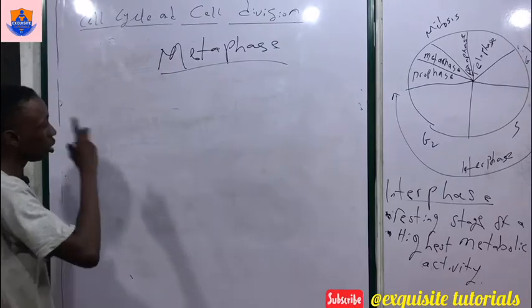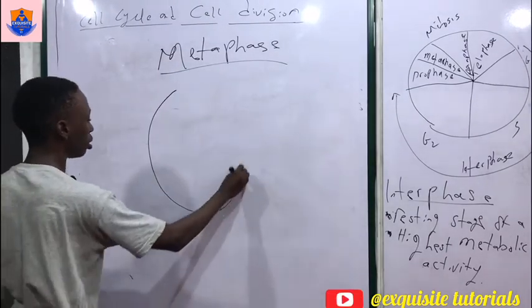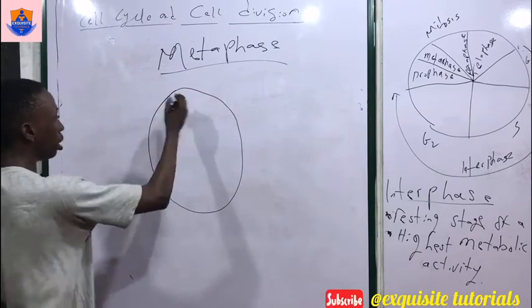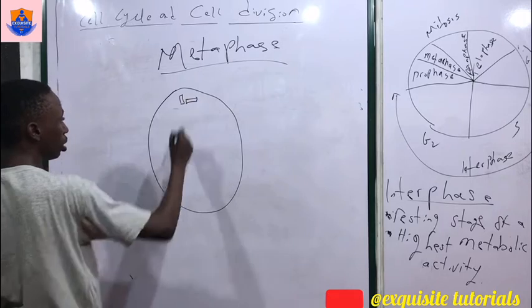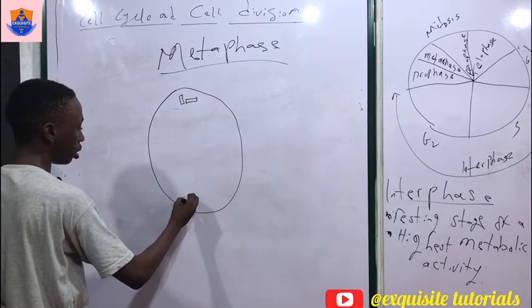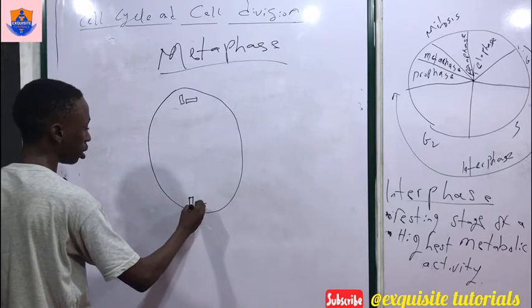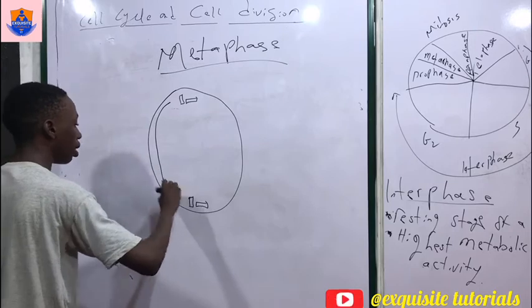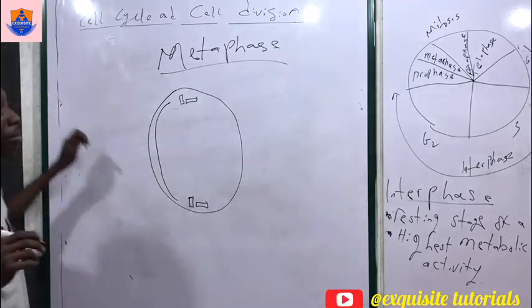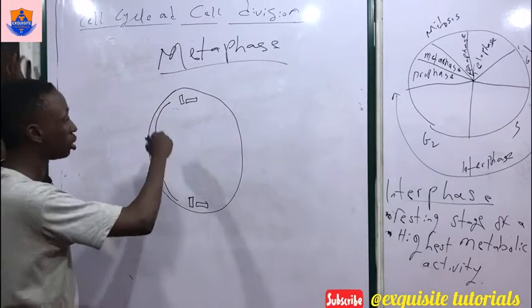Now, let's say we have a cell like this. Let's say we have the centrioles here. Let's say we have our continuous spindle fibers, which just run across.